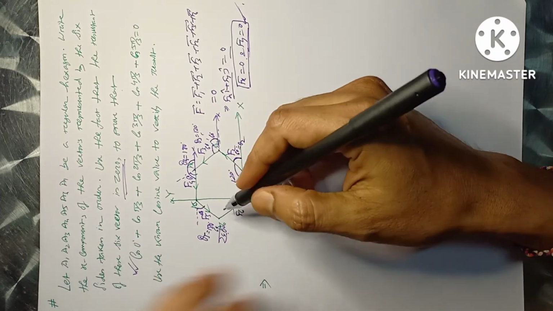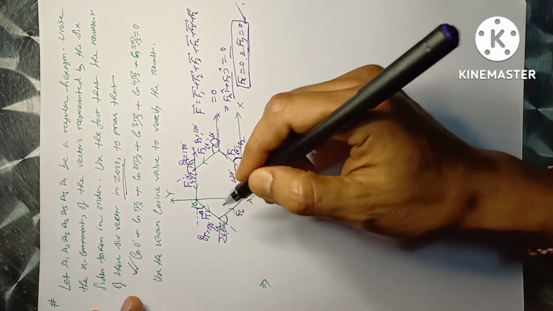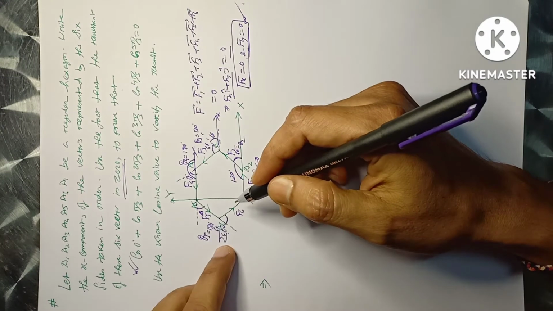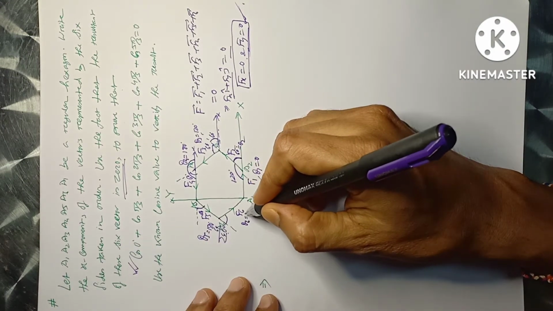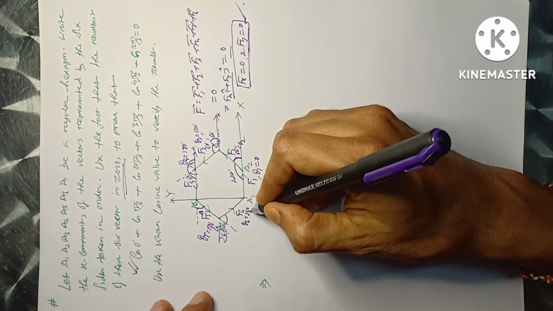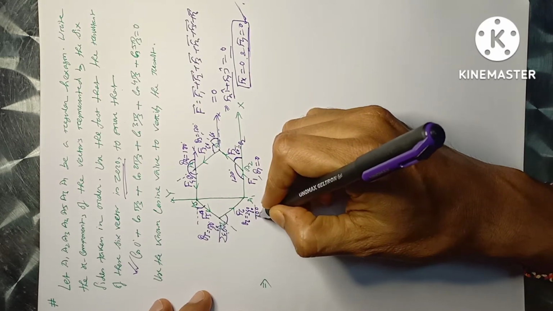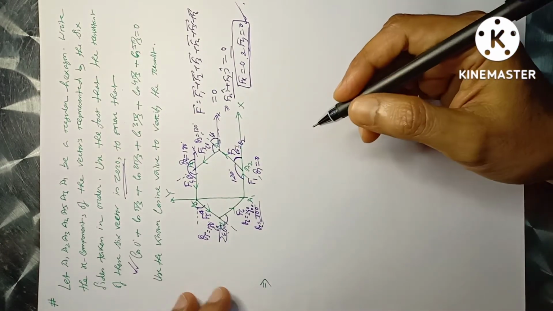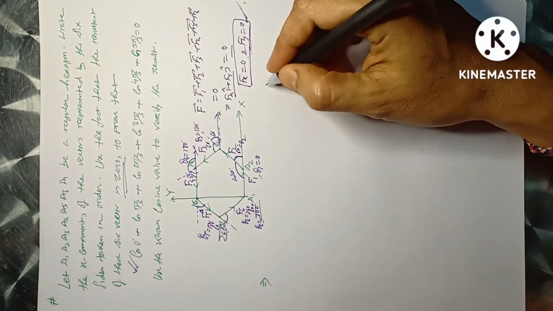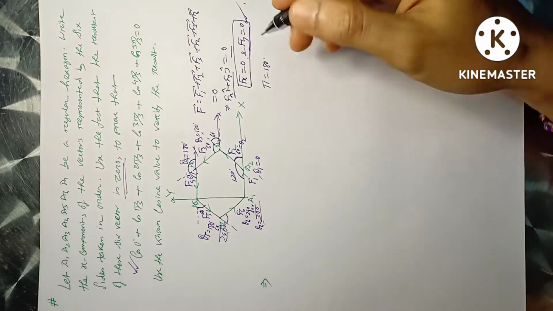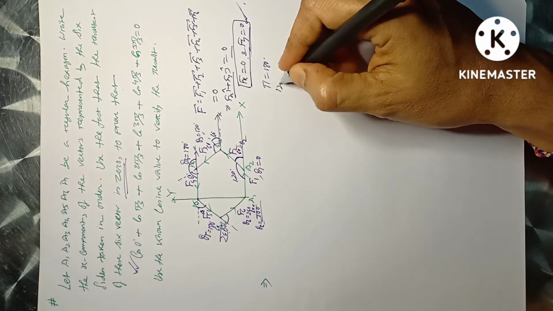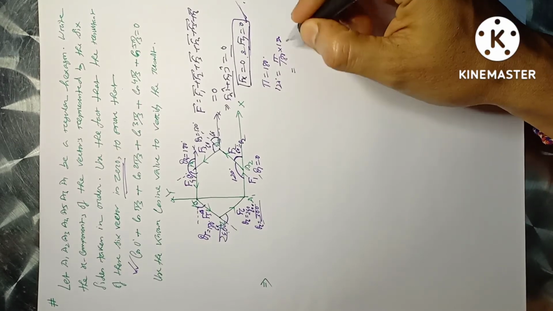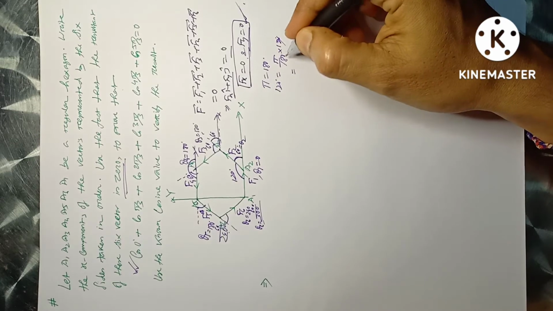Similarly, in the same way, in every step 60 degrees will be added. For 60, 120, 180, in this way 240 plus 60, then theta 6 will be 240 plus 60, that is 300 degrees. So in this way we get theta 6 equal to 300 degrees. We can also write it in radians: pi equals 180 degrees, so 120 degrees will be equal to pi by 180 into 120.